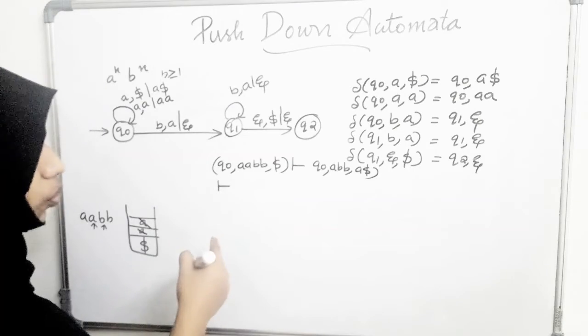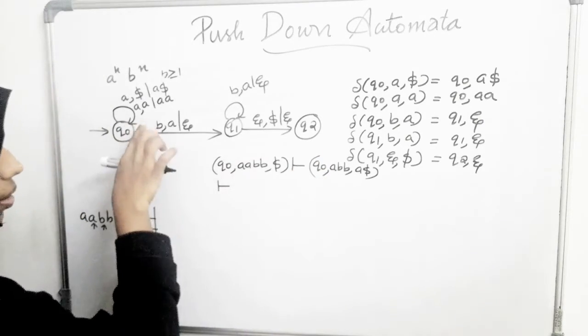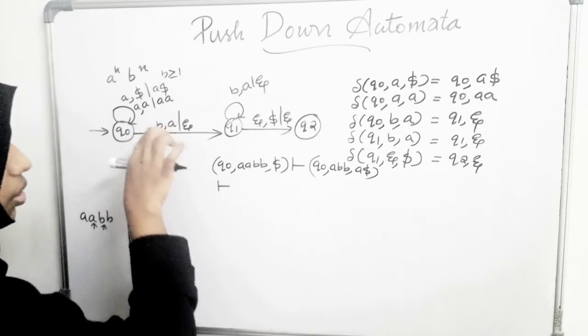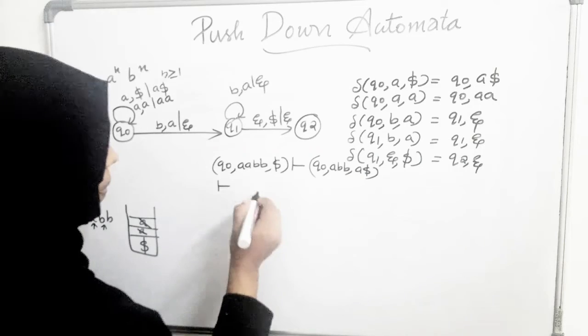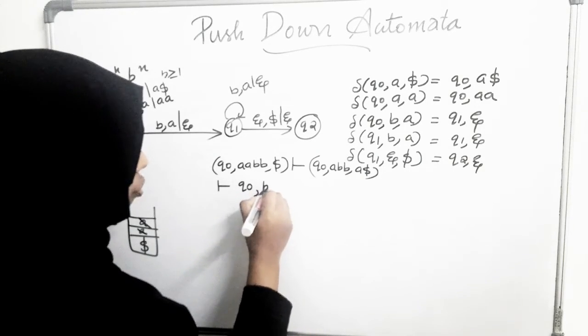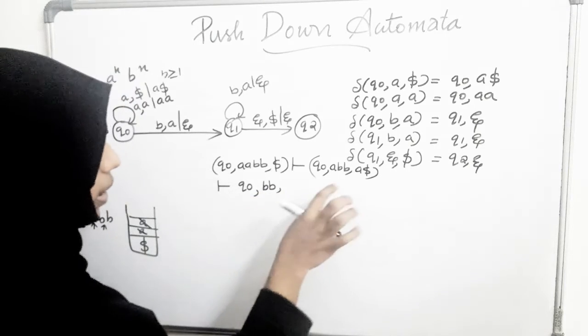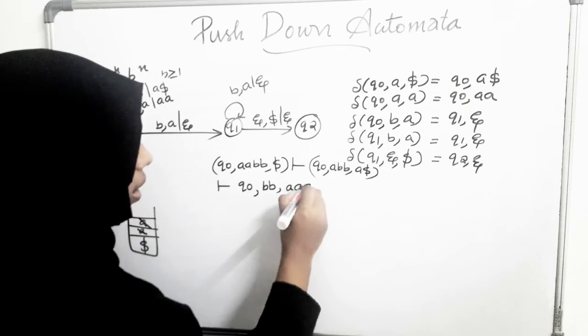Now in the next move, when A is applied on Q0, the stack top is A. So you are at state Q0 itself, A has been consumed, so the remaining string is BB and A has been pushed to the stack. So the stack top is A dollar.